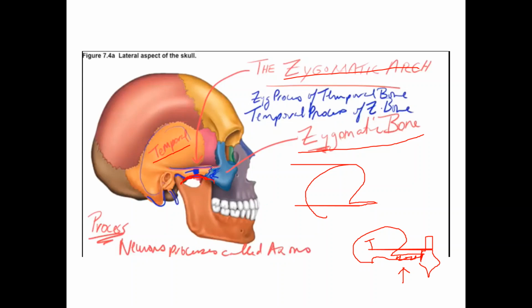And conversely, if the zygomatic bone has a process here that articulates with the temporal bone, therefore that process is going to be called the temporal process of the zygomatic bone, okay?